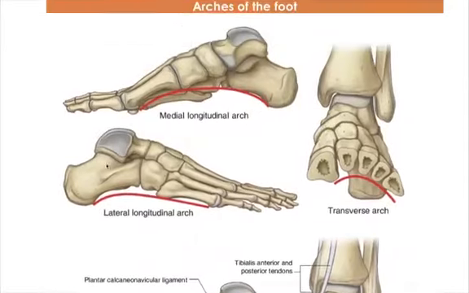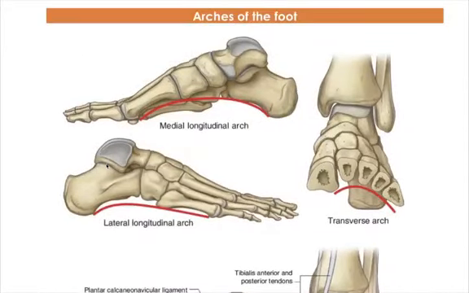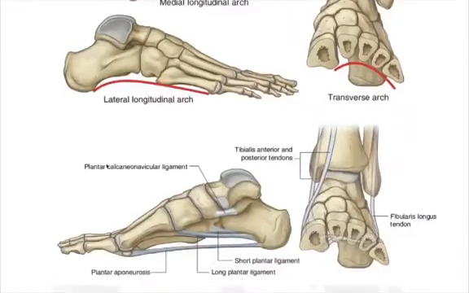About the medial longitudinal arch, again I'm saying the bones, 9 bones: calcaneus, talus, navicular, 3 cuneiforms, 3 metatarsals. About the ligaments, the short and the long plantar ligaments and the spring ligaments.